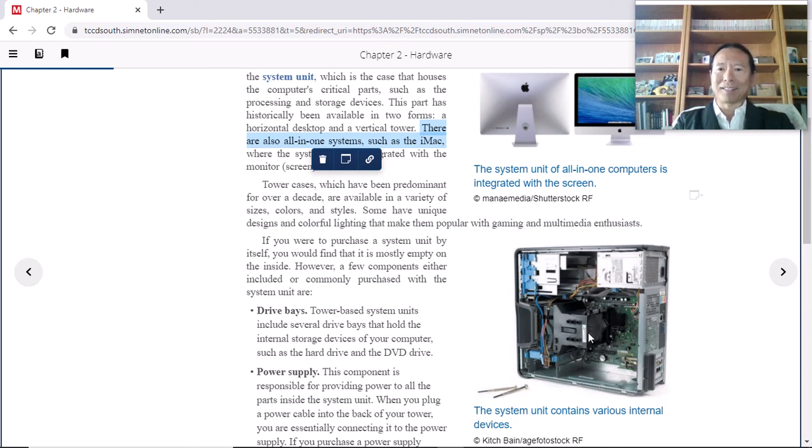Later on, we may see a cloud computer. All you have is a monitor and keyboard and software to connect to the internet. Once you connect to the internet, if you are an Apple user, based on your profile, you are going to use your computer like Apple. If you're a Windows user, you're going to use your computer like Windows. If you're a Linux user, you're going to use your computer like Linux.